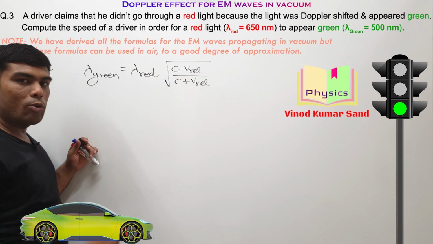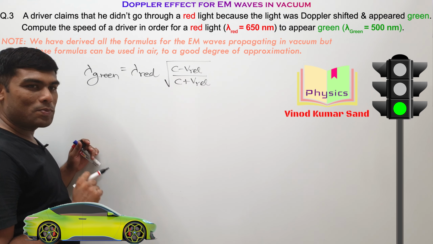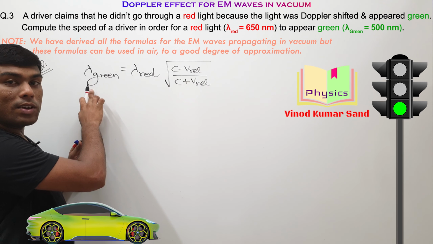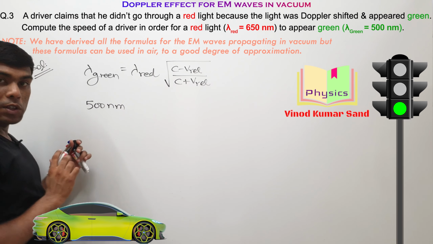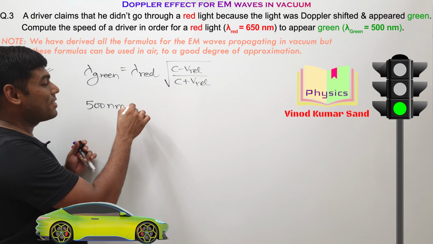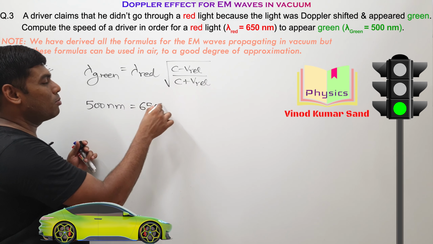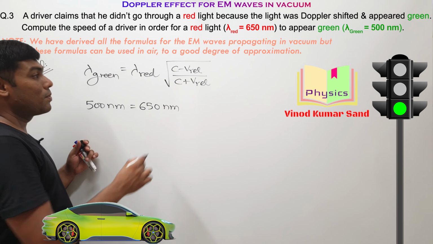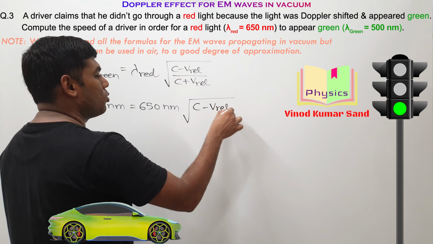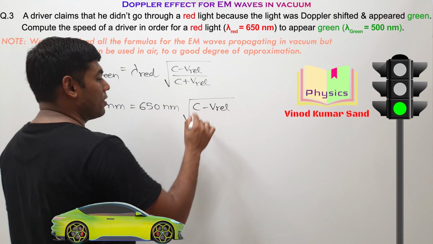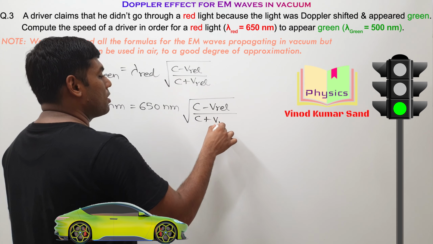You understand how we are able to write this formula? Lambda green is given as 500 nanometer. Check the language of the question. Lambda red is given as 650 nanometer. And C we already know, 3 into 10 to the power 8 meter per second.